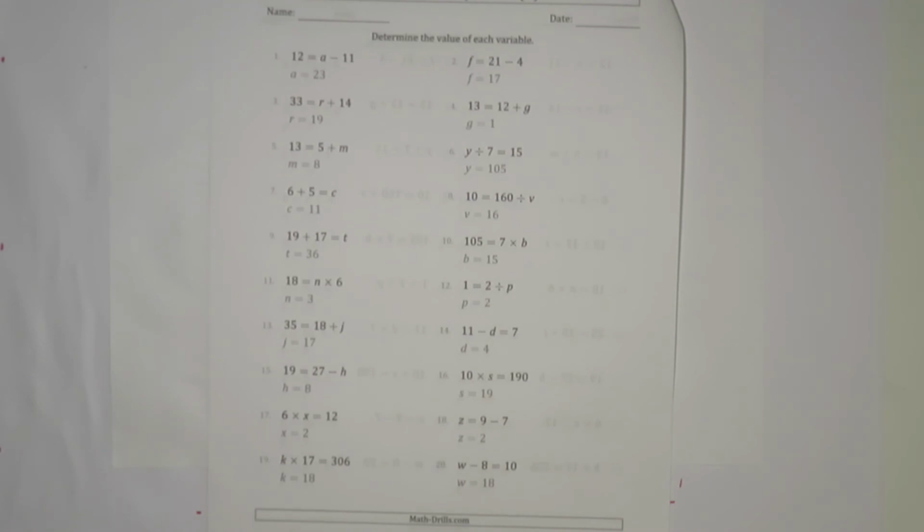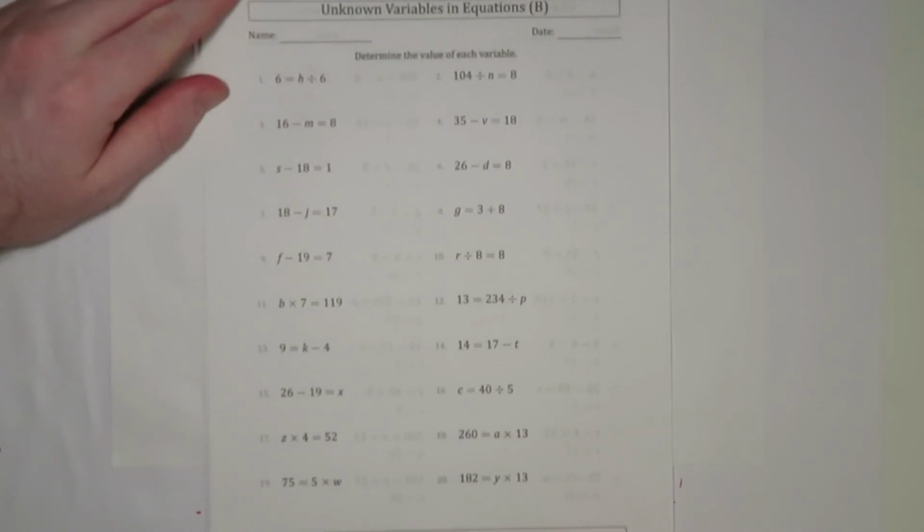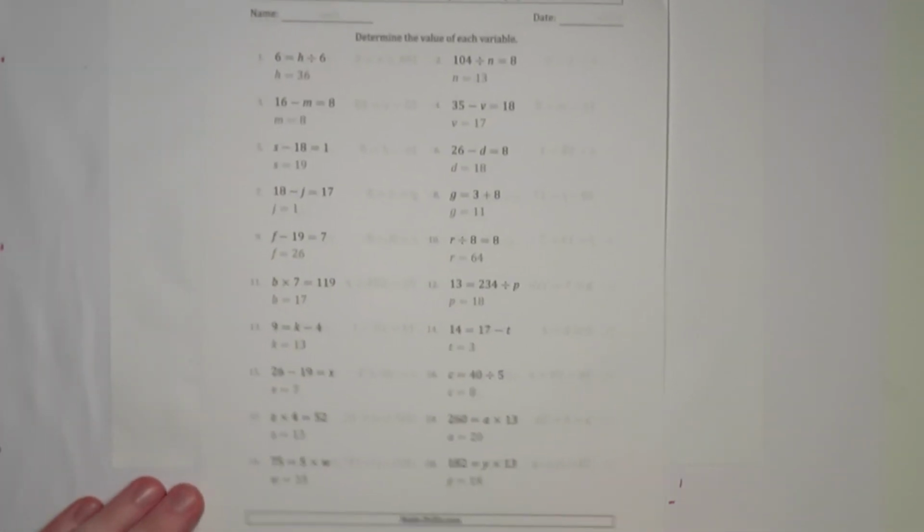So well done there if you got most of those correct. For any that you didn't get correct, go back, try again, see what you've done wrong. And if you want some more to practice with as well, this is the final page that I've got of these. Again, it's all 4 operations. And that right there is the answers.